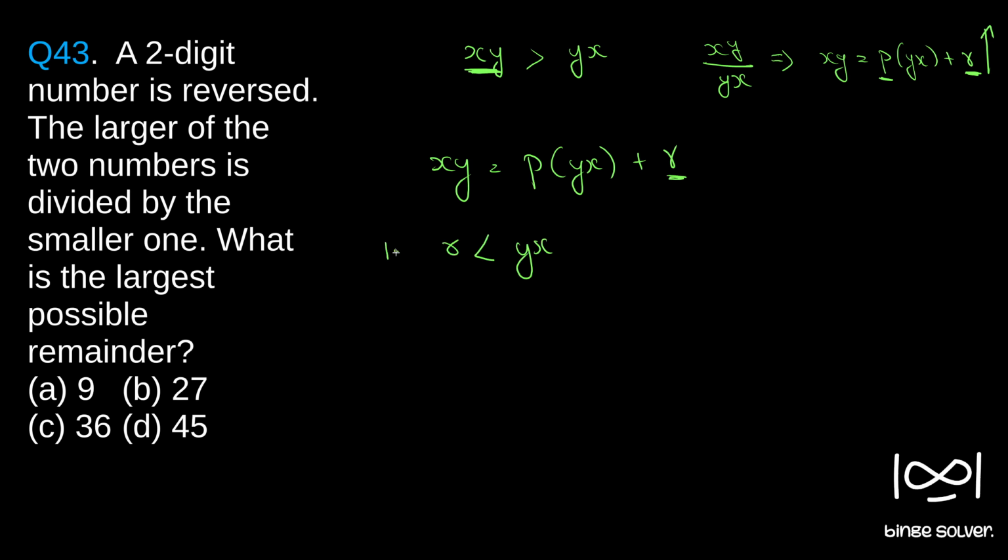The first inference: r will be less than yx. If r was not less than yx, then we could have written (p plus 1) yx plus r. So in this formula, r will always be less than yx.